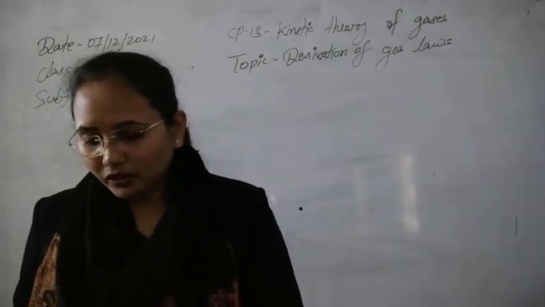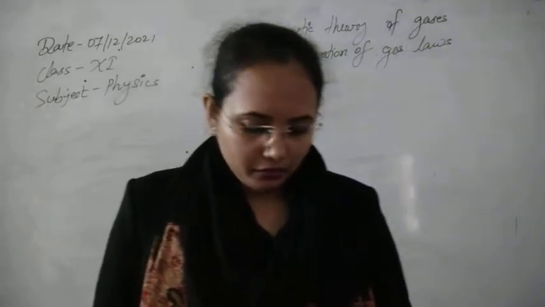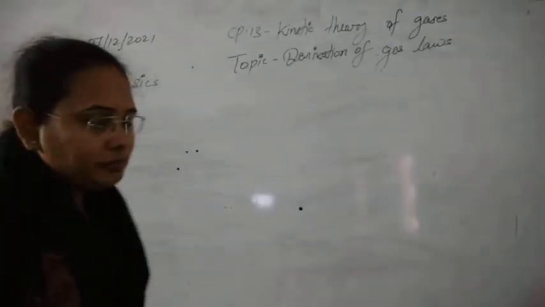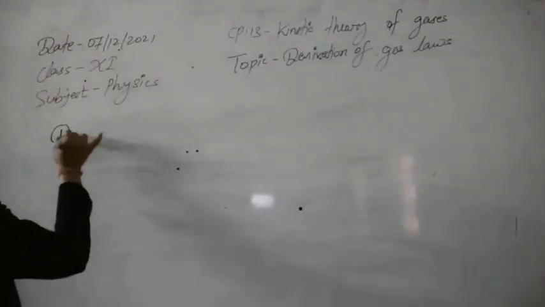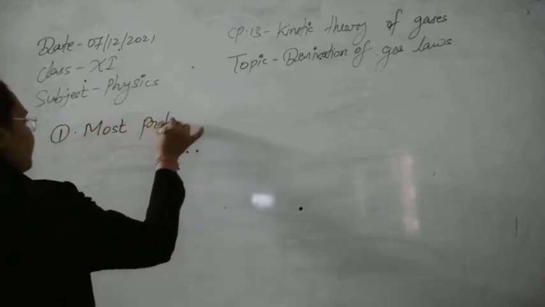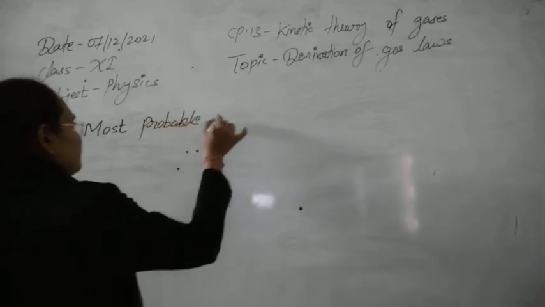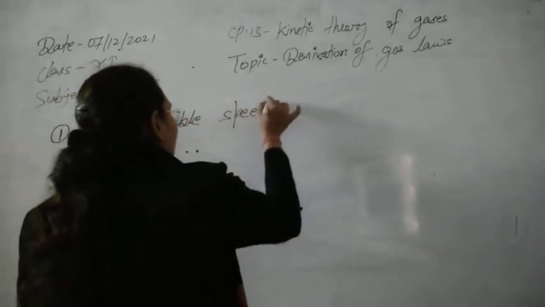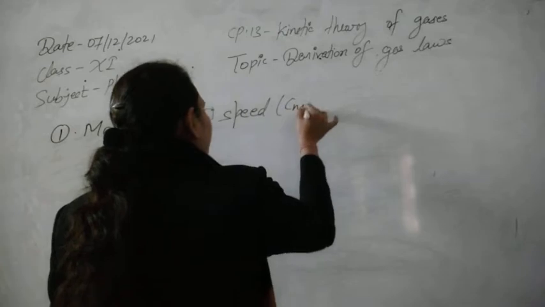The first velocity is the most probable velocity, or in terms of speed, the most probable speed, and we denote it by CMP.